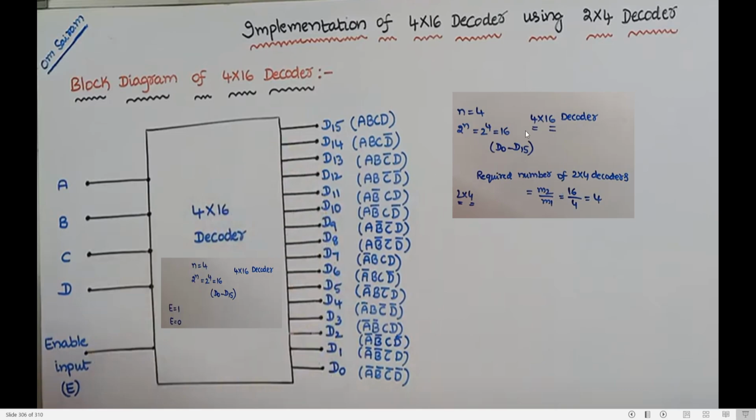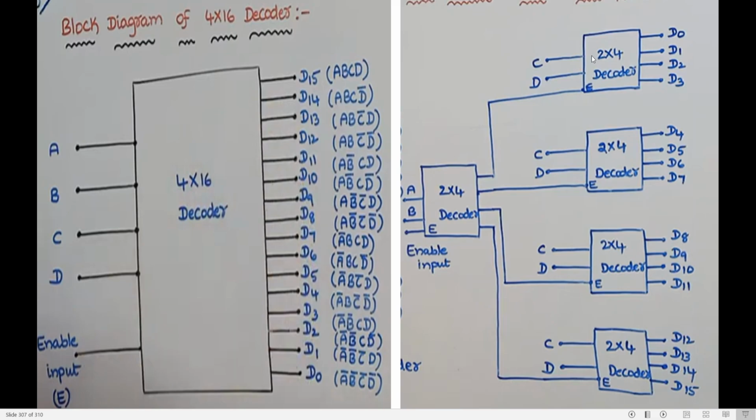So M2 is the number of outputs of the input decoder, 16, by M1. M1 is the number of outputs of the required decoder. I need to construct using 2 by 4. What is the number of outputs of a 2 by 4 decoder? Input is 2, output is 4. So 16 by 4 is 4. Minimum, how many decoders do I need? 4 decoders are required. Minimum I need 4 decoders to implement a 4 by 16 using 2 by 4 decoders.